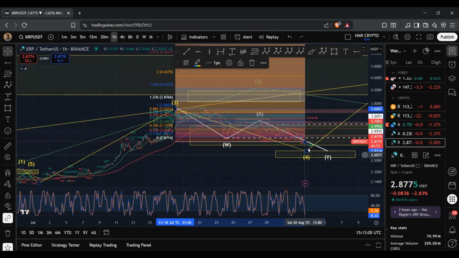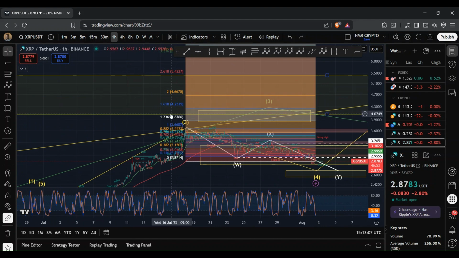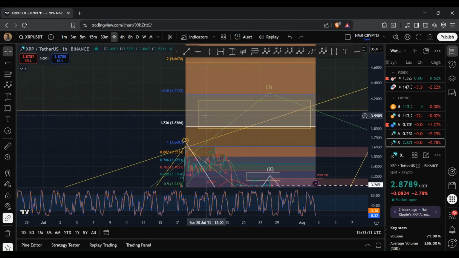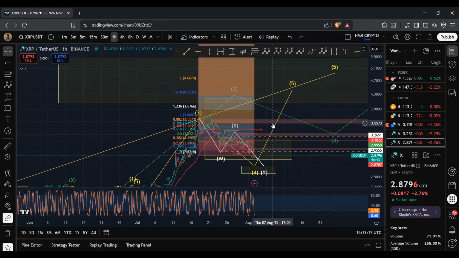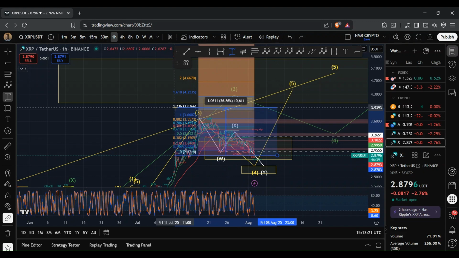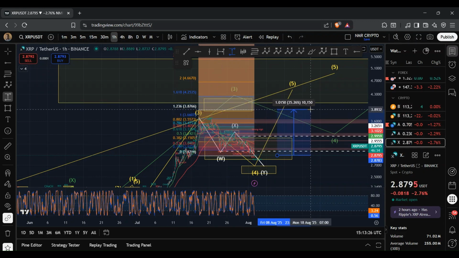And so that wave 5 typically retraces anywhere between 1.226 to 1.618 of the wave 4. And here you can see that that region sits slightly higher than this initial target here. And of course, that could result in some huge gains for a lot of people. And so from the time of recording to this minimum target, which is the 1.226 level, you can see that you could potentially make profits of around 35%.